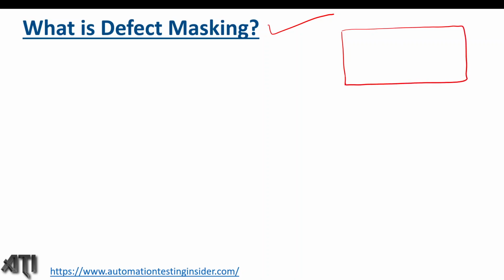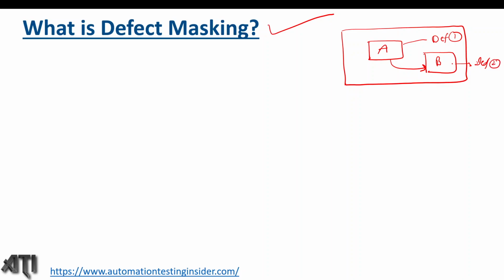Let's say we are testing an application and there is a functionality A which we are testing right now, and there is a related functionality called B. Functionality B is related to functionality A, and there is a defect we found while testing functionality A, and there is a defect in functionality B as well.